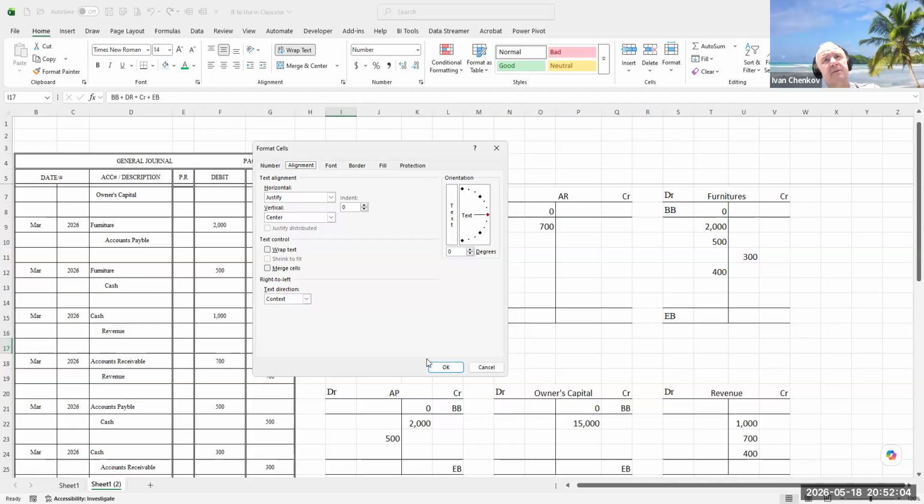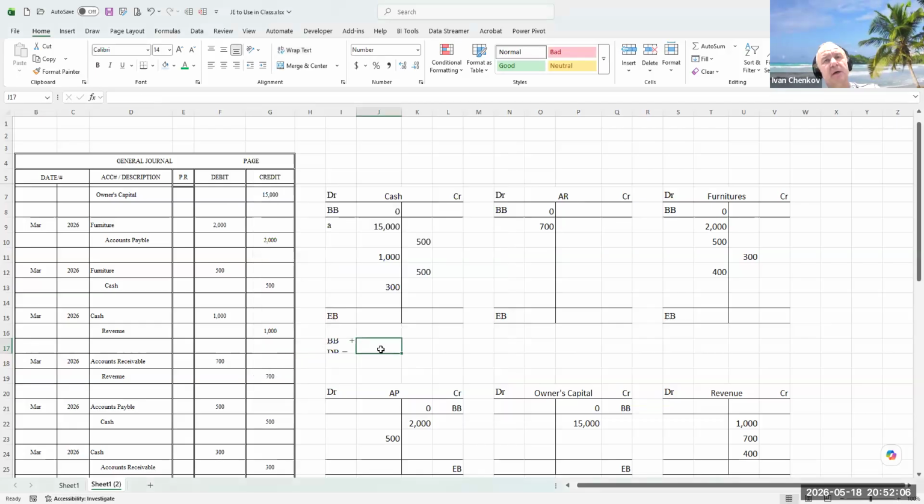Just put it on the other cell. So this is the basic formula. Beginning balance plus the total debits, it's always equal to the credits plus the ending balance. Now the question is, from this formula, can I find out the formula for the ending balance?